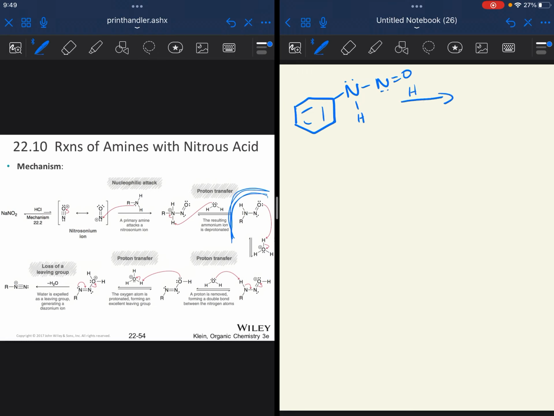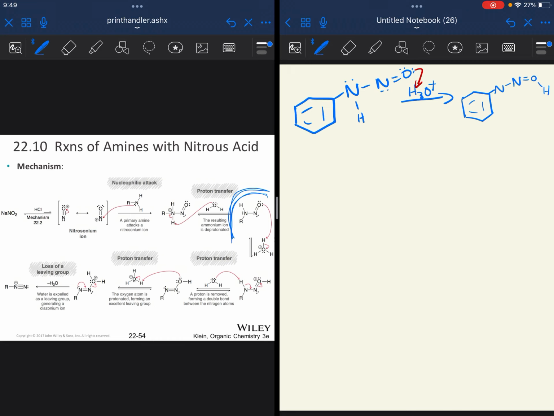So you can do H3O plus, HCl, just H plus. We did make hydronium in the last step, so I'll go ahead and use that. The nitrosamine picks up a proton. And we're on our way to getting it closer to being a good leaving group.